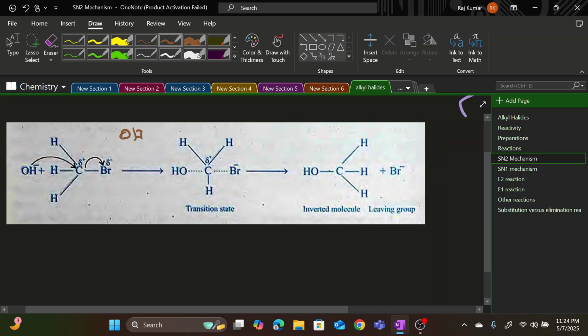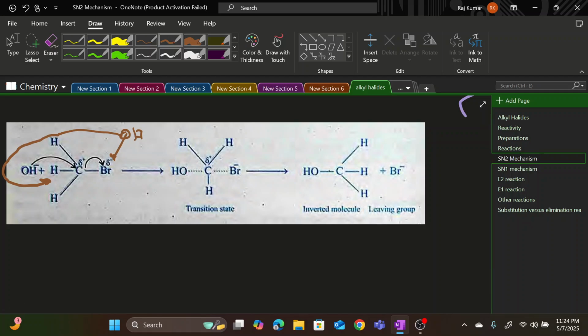It does not attack from the front, because on the front we have bromine, which does not allow the attack on carbon. So it attacks from the back, on the carbon, and forms the product.